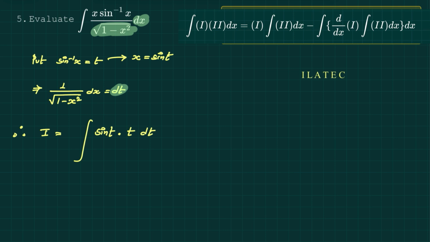Now since we have just finished the method of substitution, we will integrate this using integration by parts, because there is the product of two functions, that is sine of t and t. And since algebraic function comes first and trigonometric second from this ILATE rule, we will consider this t to be the first function and this sine to be the second function.